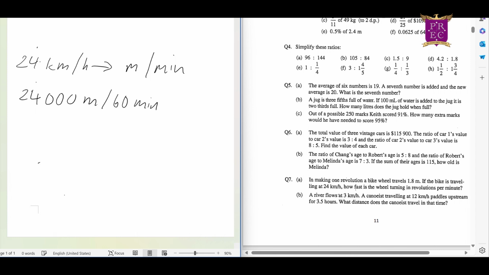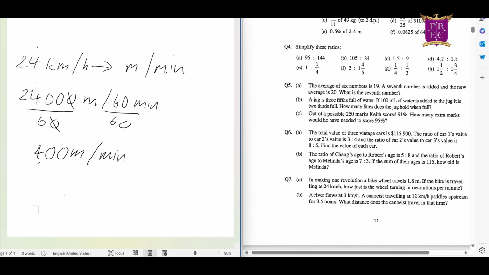So to find out what it is in meters per minute, we divide both sides by 60. 24,000 divided by 60 gives us 400 meters per minute. So that's how fast the bike is traveling a minute.